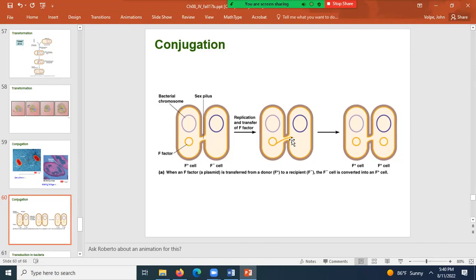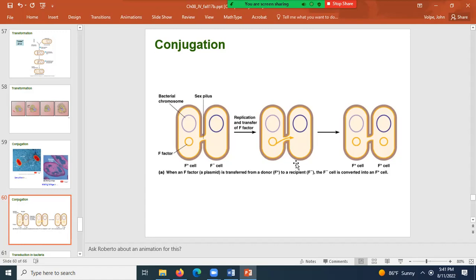And this is usually what happens, but occasionally more than the F plasmid may move into this cell. That's all I want to say, that occasionally you can get more DNA moving from this cell into that cell. But we're only going to talk about the F plasmid moving. Any question about any of that?